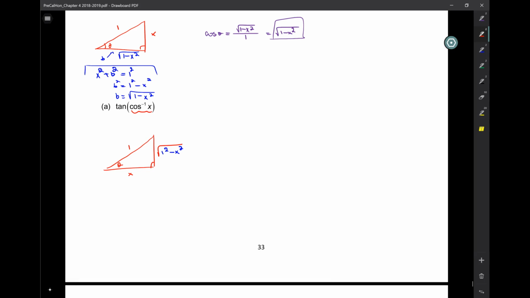If the hypotenuse was 9 and this leg was 2x, what would that side be? It would be the square root of 81 minus 4x squared, right? Always.